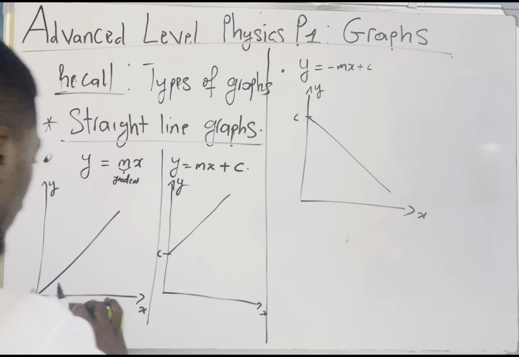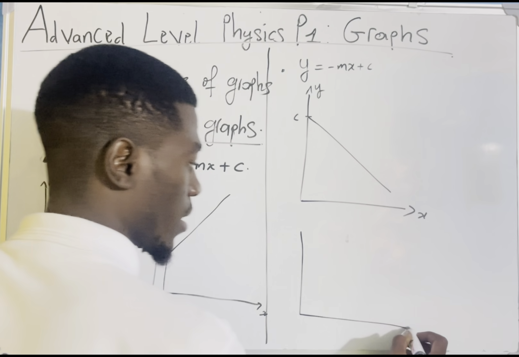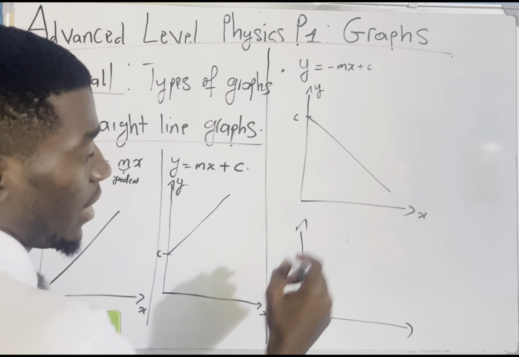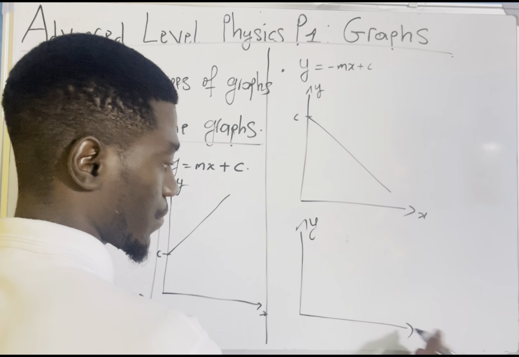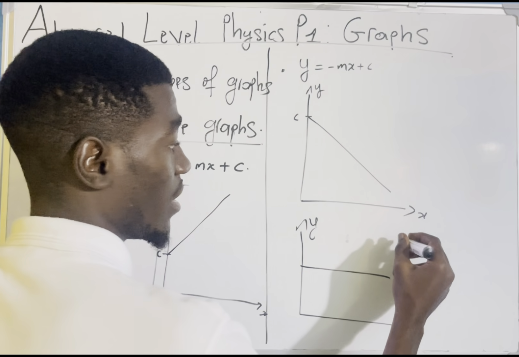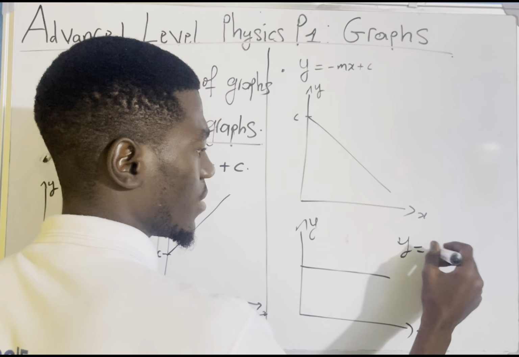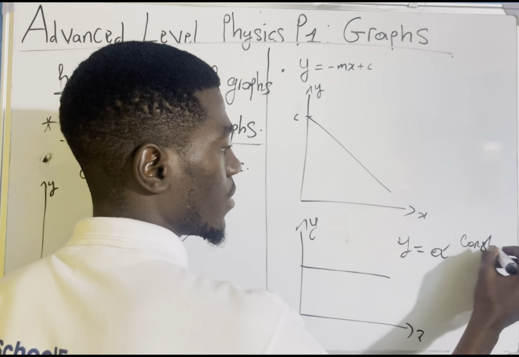The last one that you can also have is what we call constant graphs, like this. A constant graph is described by y equals a, where a is a constant.